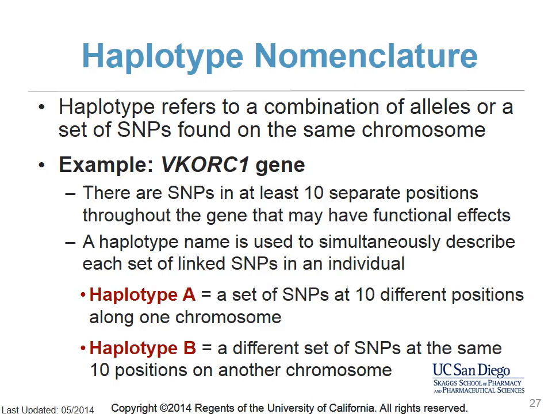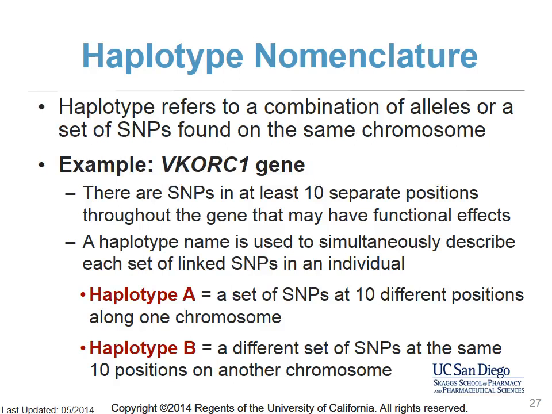We next turn to haplotype nomenclature. Recall that a haplotype is a group of multiple linked polymorphisms inherited as a set. Here, our example is VCOR-C1 gene. There are SNPs in at least 10 separate positions throughout the gene that may have functional effects.